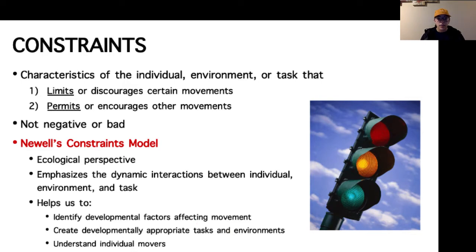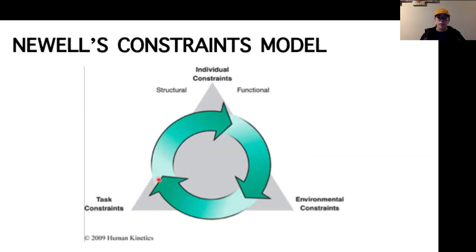Okay. So when you think of Newell's constraints model, you're thinking of kind of like the recycle image. And we have a triangle with our three characteristics of constraints: our individual constraints, our environmental constraints, and our task constraints. So if you look at the example of walking, and we'll get into each of these constraints a little bit more in depth, but let's say we have a person who is walking.